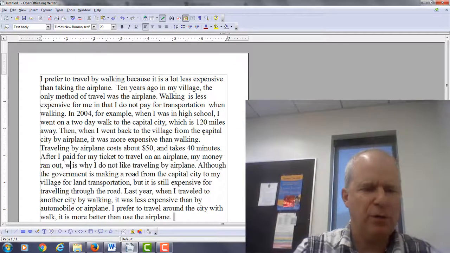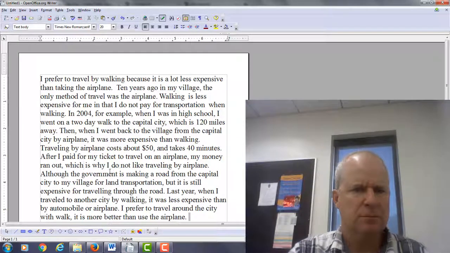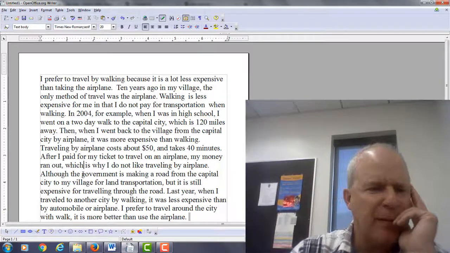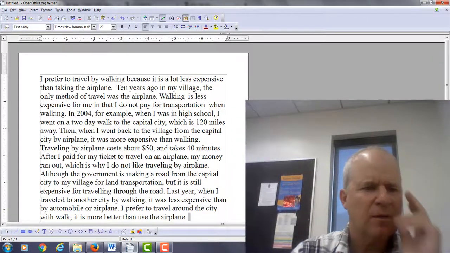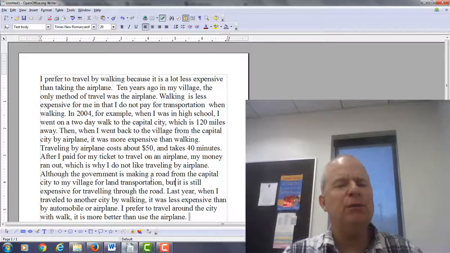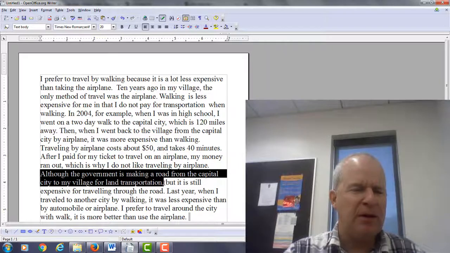Yeah, change this to: Although the government is making a road from the capital city to my village for land transportation, if you say although, you can't use but in the same sentence, because if you're saying although, you're using what's called a dependent clause.